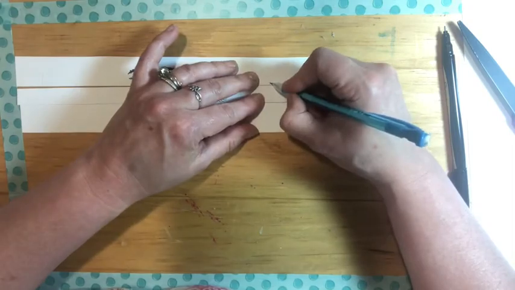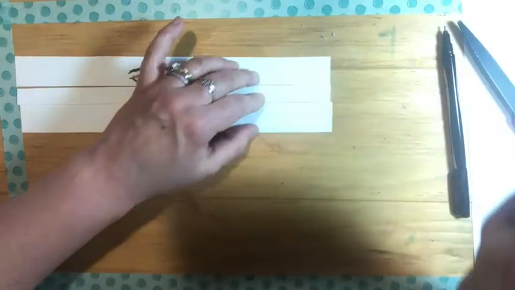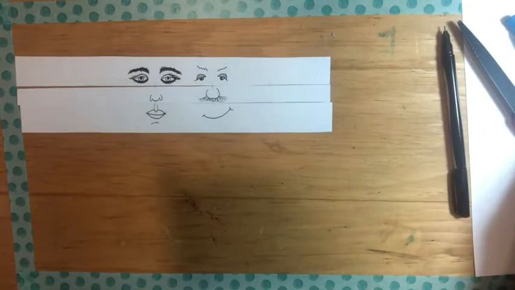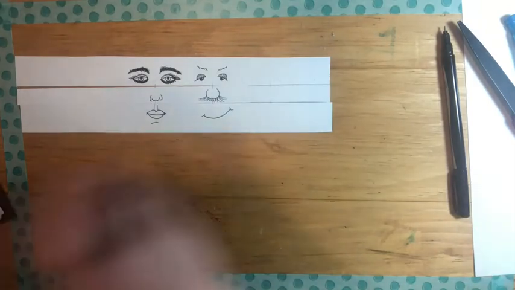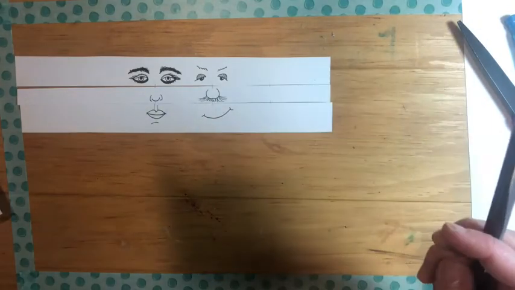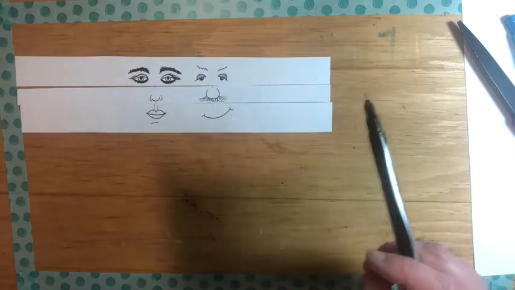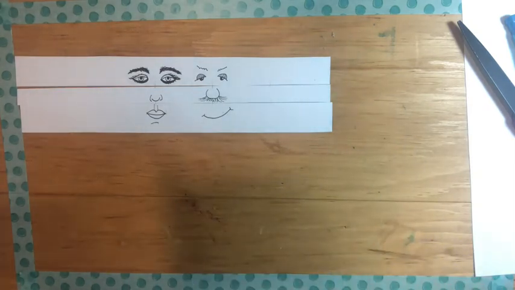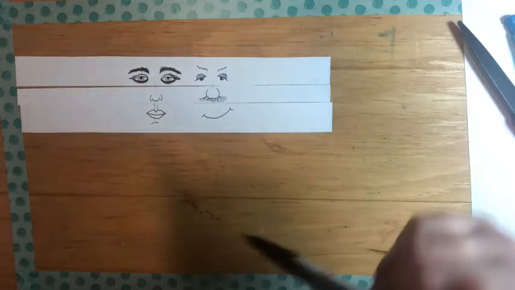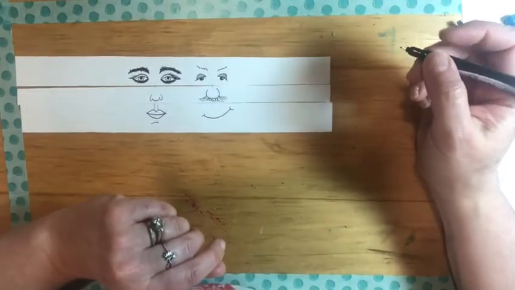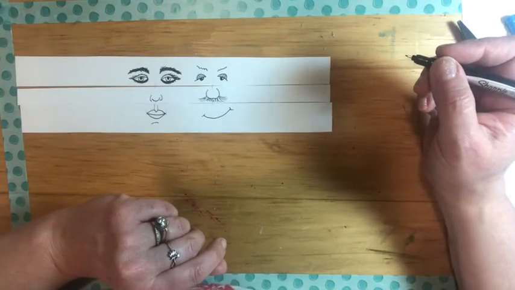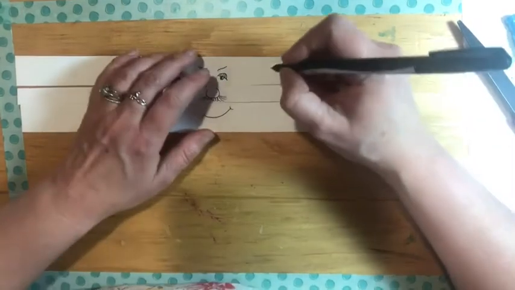Here's my little mark where I want everything to line up. Okay, and now I'm gonna draw some more eyes. Should I do more realistic eyes or should I do cartoony eyes? It's up to you what you want to do. Ooh, I'm going to look at some eyes that look like troll eyes. That's what I'm going to do.